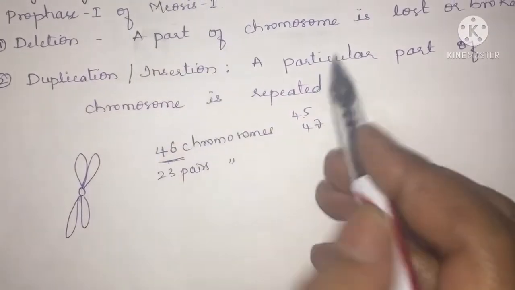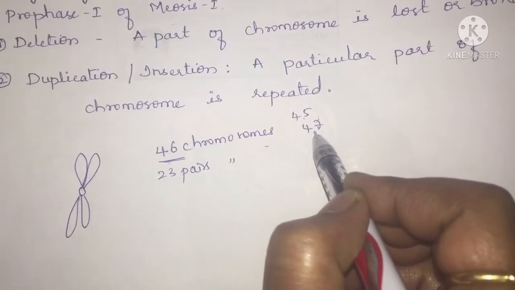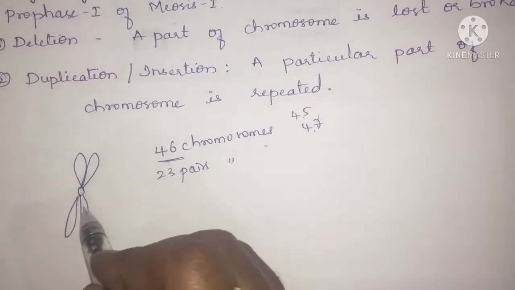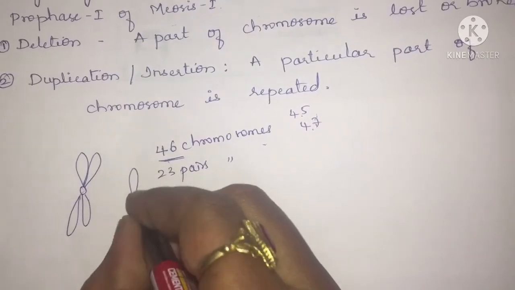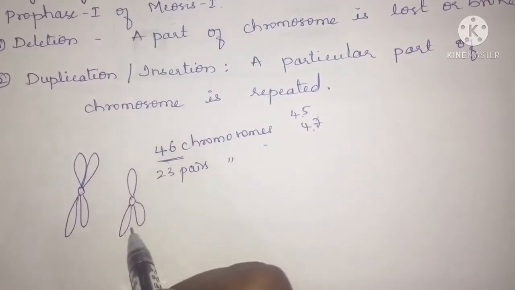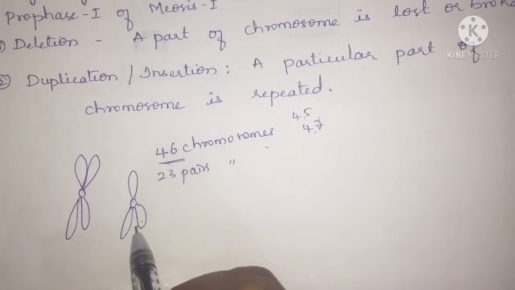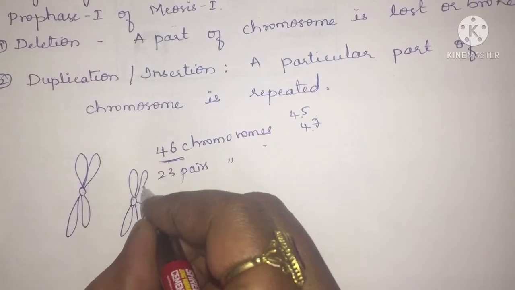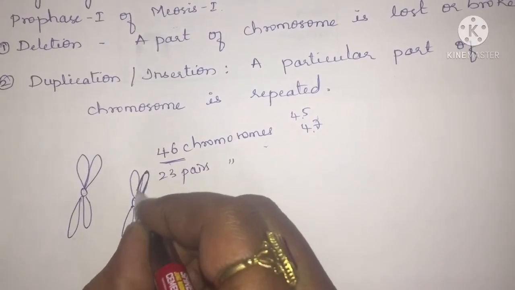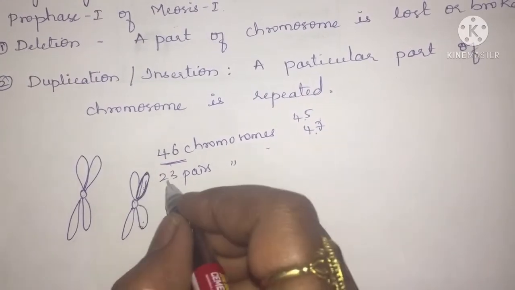So chromosomal mutation can occur because of the number of chromosomes, or because of a change in the structure of the chromosome. This is the shape of a chromosome. If it has this kind of structure, this is again chromosomal mutation. There is a deletion of one arm of the chromosome. One arm is absent.